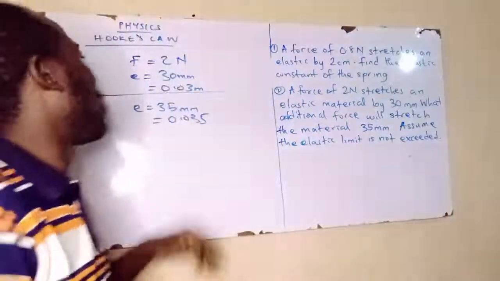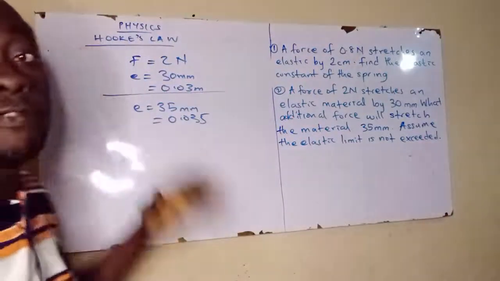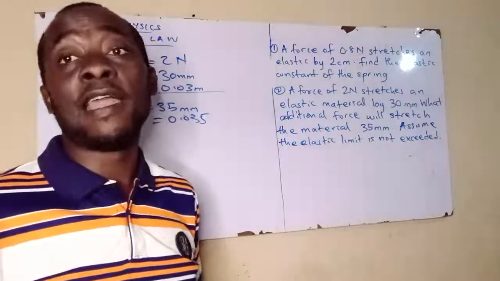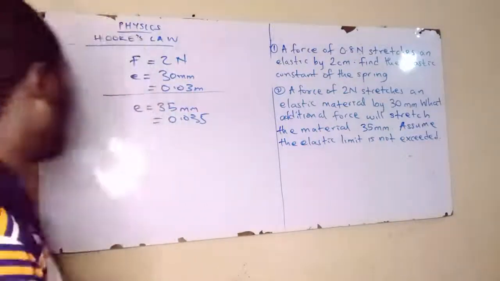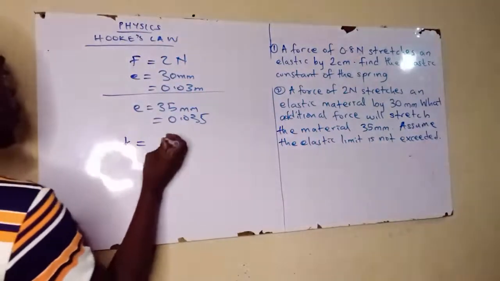So that is easy. Use the first information to get the elastic constant. That is easy, and we know that K is equal to what?